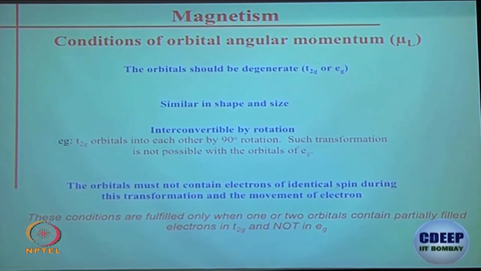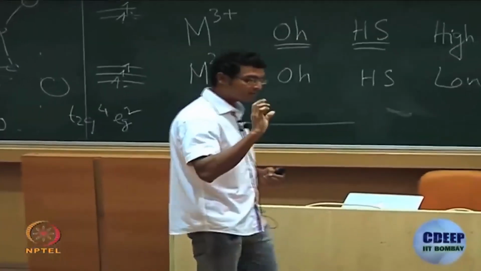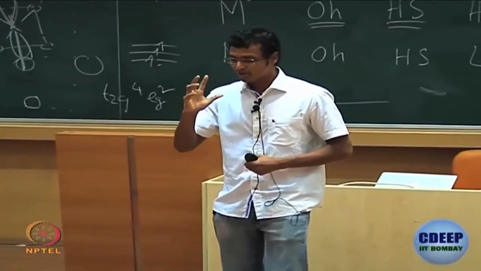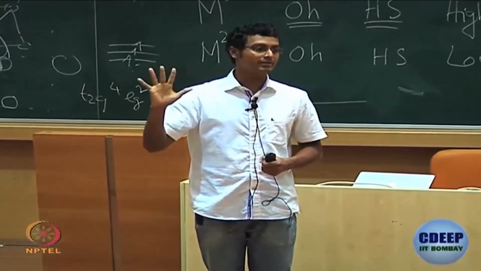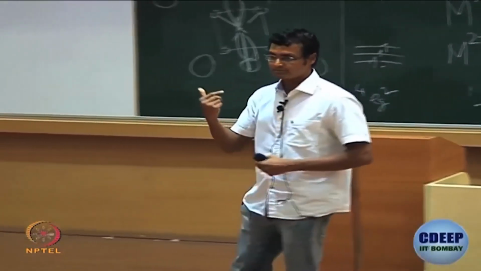What is orbital contribution? In addition to spin only values, if there is some rotation around the orbit, specifically it comes when you have orbitals which are unsymmetrically filled, like T2g4.